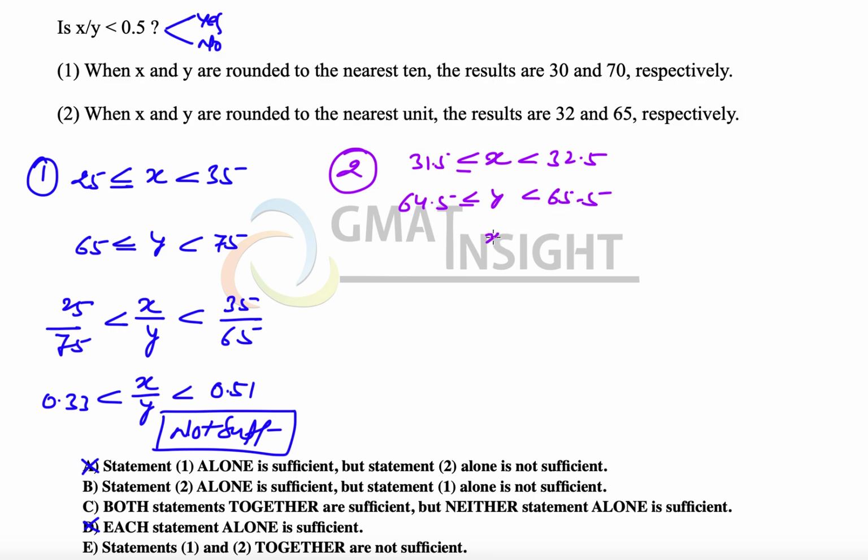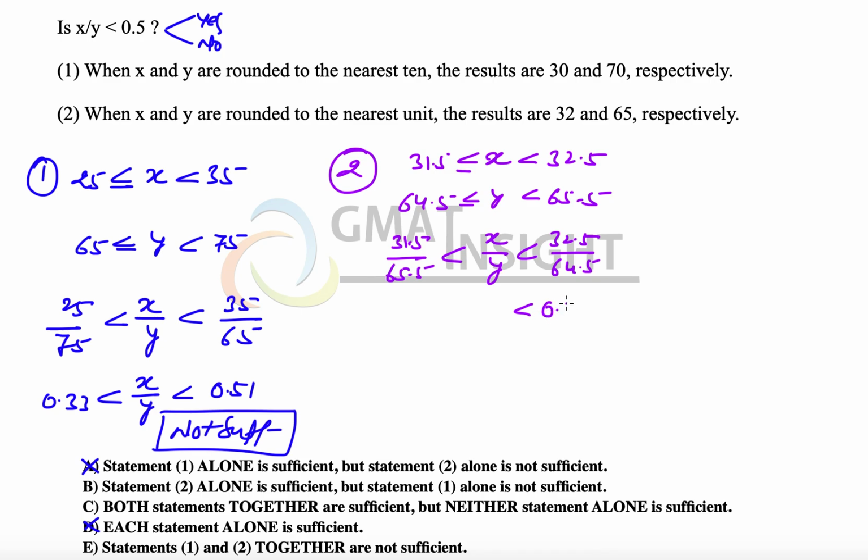Now, once again, we can find out the range of the values of x upon y, and here we have to see that x upon y can be anything from 31.5 over 65.5 to 32.5 over 64.5. Now half of 64.5 is 32.25, so certainly the right side value is slightly greater than 0.5.